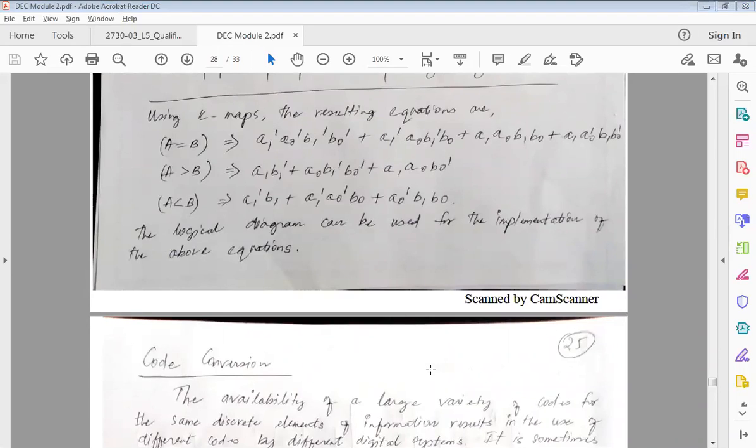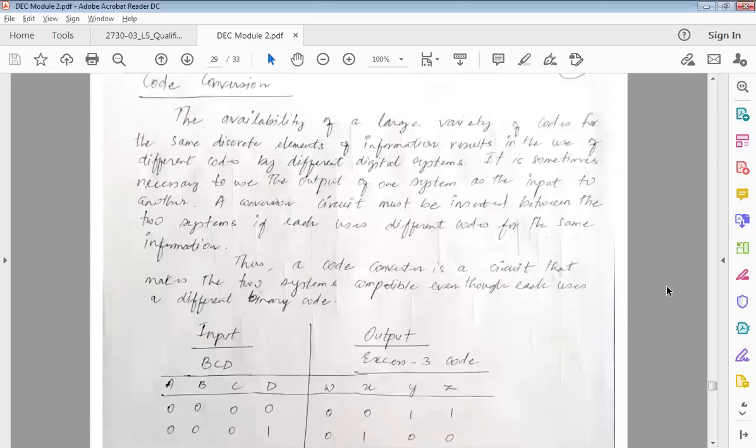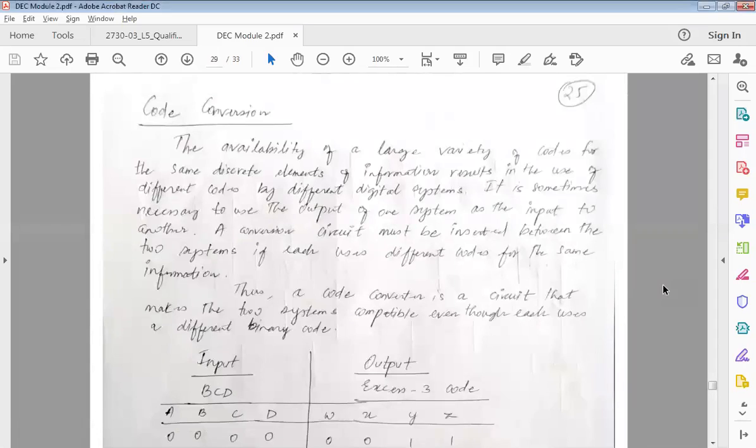Yes, sir. Thank you. So for today's discussion, let's continue with code conversion. Normally when I say a code, it means something different from the normal, right? In previous days, in the times of World War, people were a little scared to speak in the normal language.